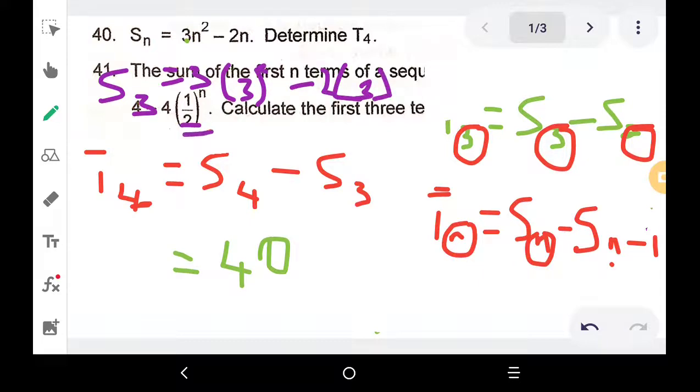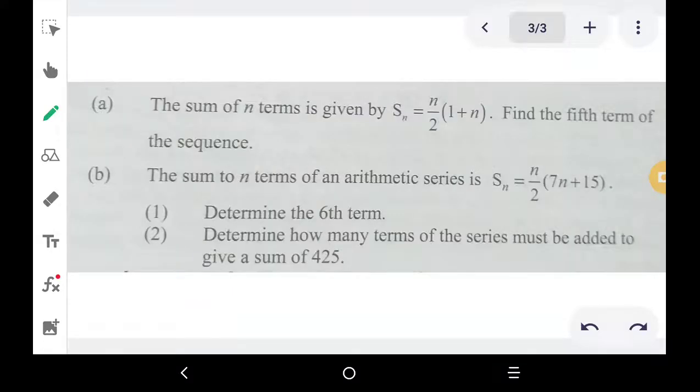If I type this in my calculator, it gives me 21. So my S3 is going to be 21. Term number 4 is going to be 40 minus 21, which is going to be 19. Now that we've seen how to calculate the term, we can try to do the following activity, and that will be it for our lesson.